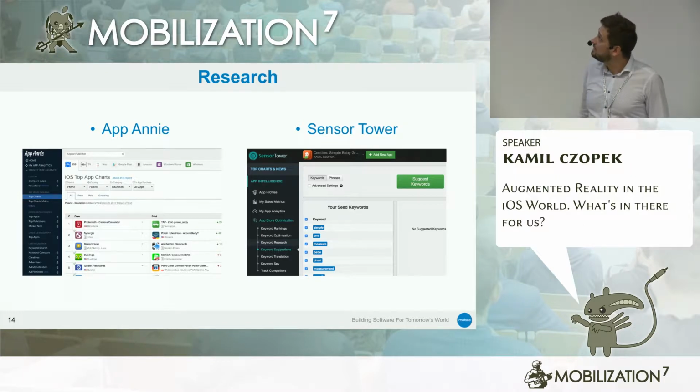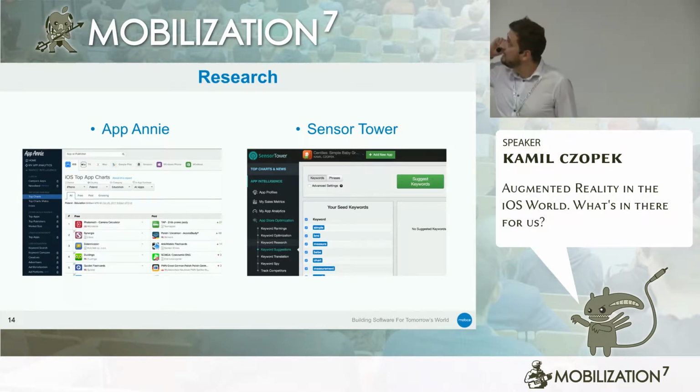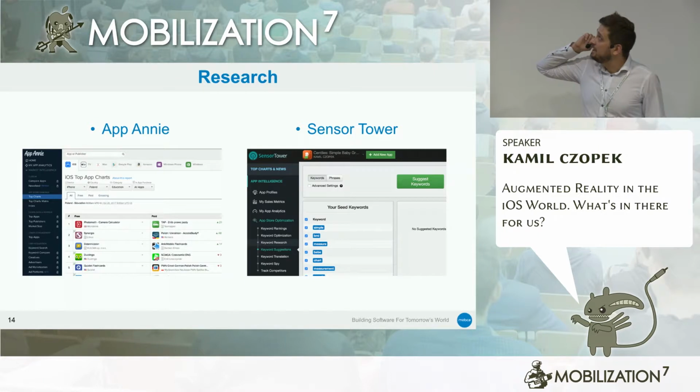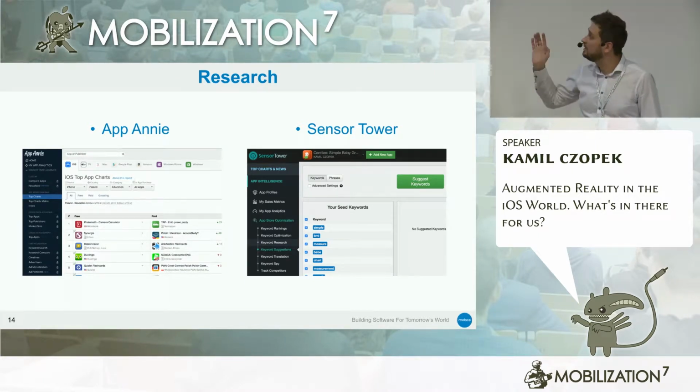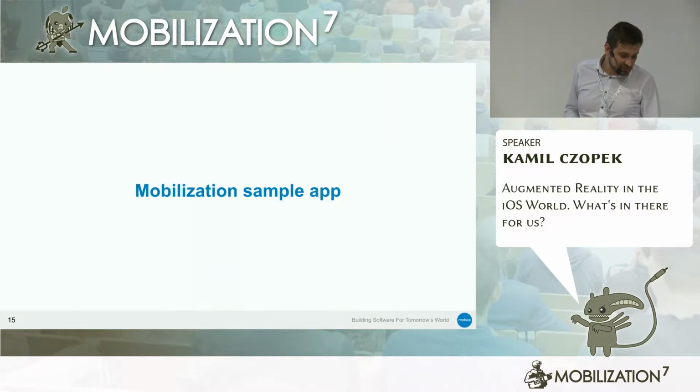Sensor Tower could also be useful for ASO, App Store optimization. I didn't have to do much work to optimize some very old application. I just put some buzzwords, and actually the results are almost as good as many other applications that someone put more effort into, but I used this tool, and this is quite helpful.